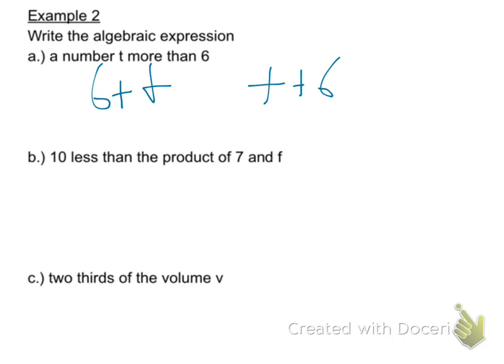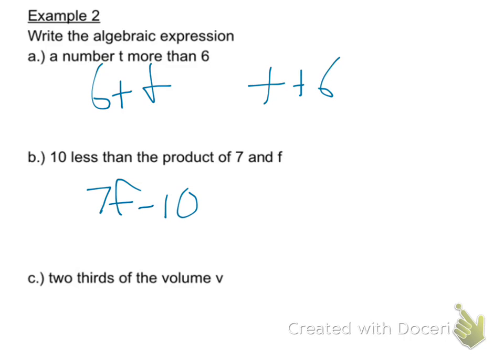10 less than the product of 7 and f. Izzy, would it be 7 times f minus 10? Ooh, 7f minus 10. Is she correct? Yes. Now, guys, this one trips kids up the most.